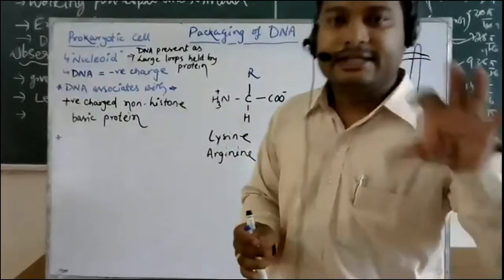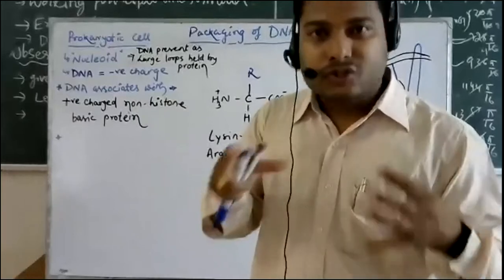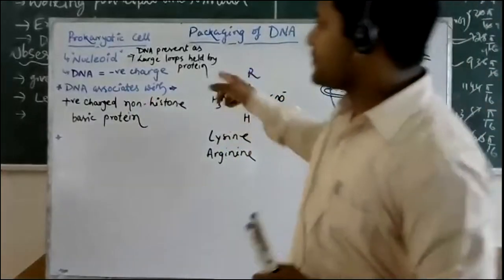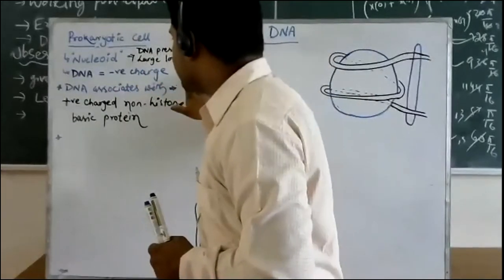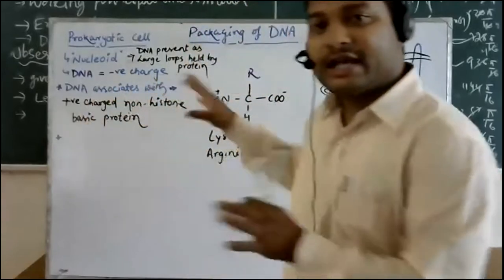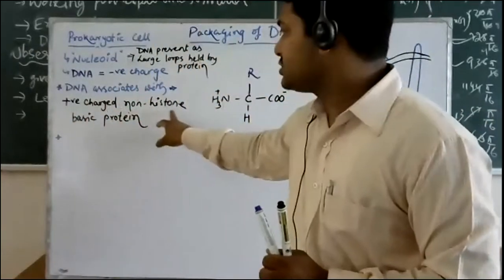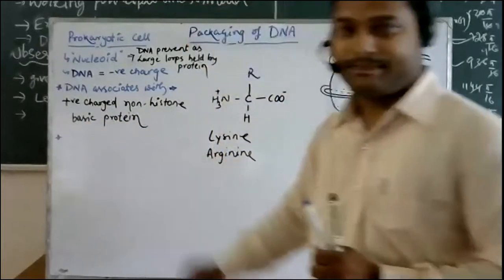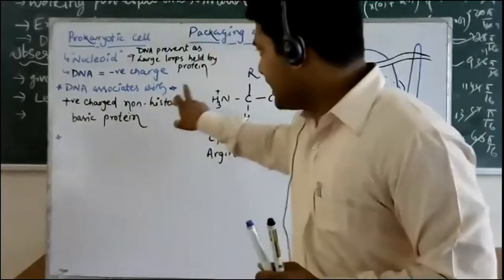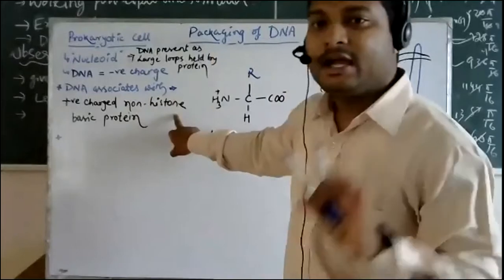Here the DNA is present as large loops, and these large loops are held by proteins, which are again positively charged. So DNA is negatively charged, and it associates with positively charged non-histone basic proteins. In a prokaryotic cell, these are going to be non-histone.